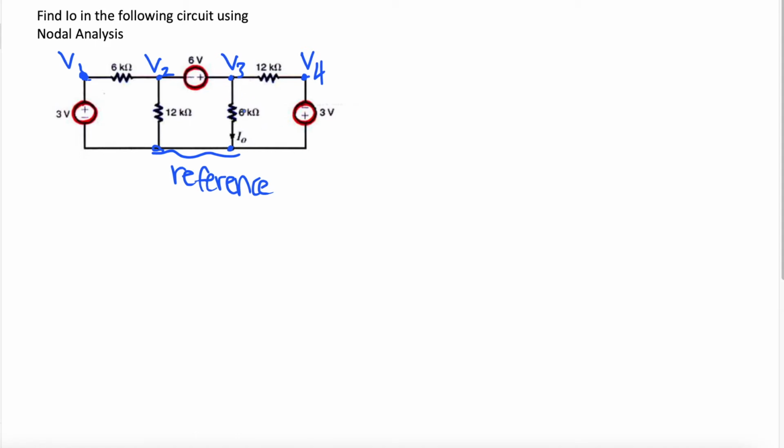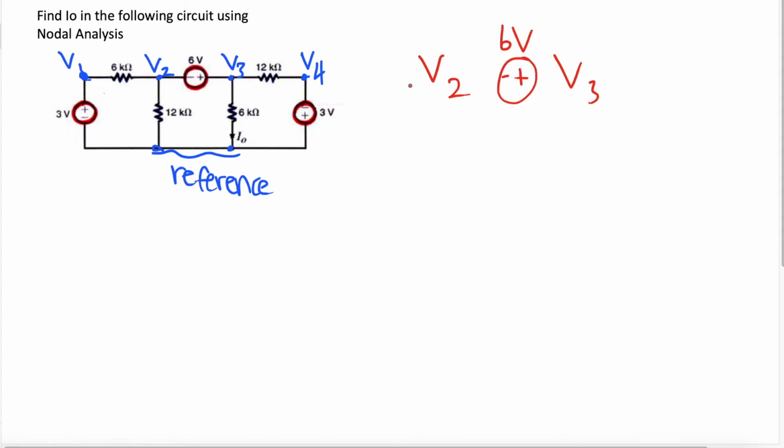Now, a trick that we can do right off the bat is we see between V2 and V3, if we have V2 over here and V3 over here, there is a 6-volt charge in between these two.